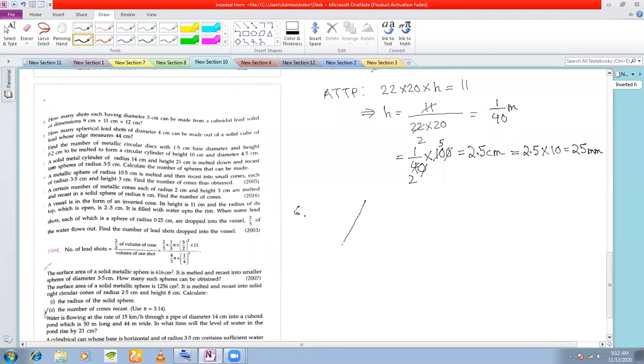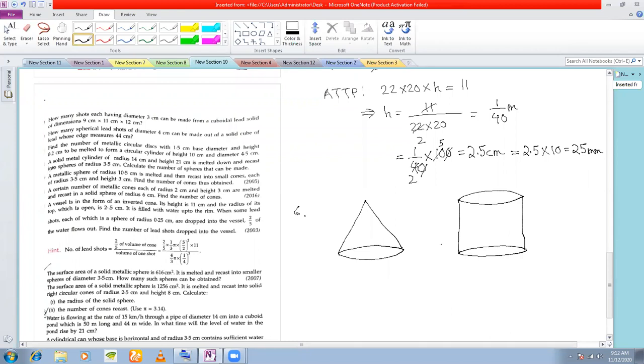So the height of the cone is given as 108 centimeters. Clearly this cone is given to you here, and a cylinder is given. Both have the same volume. What are the measurements given here?